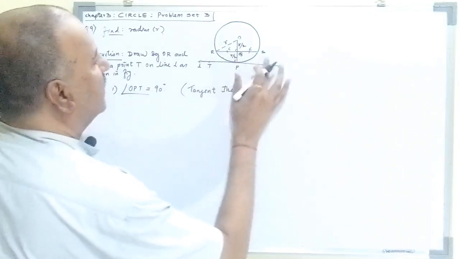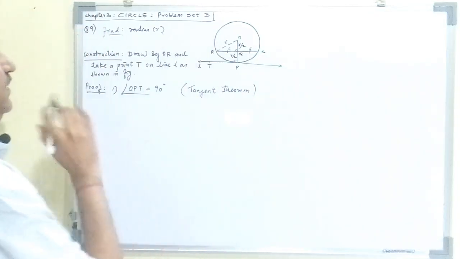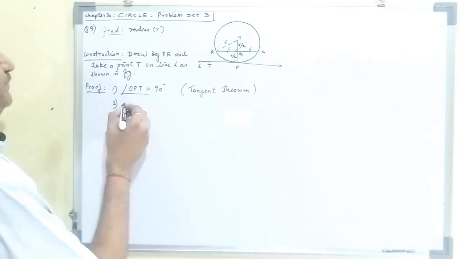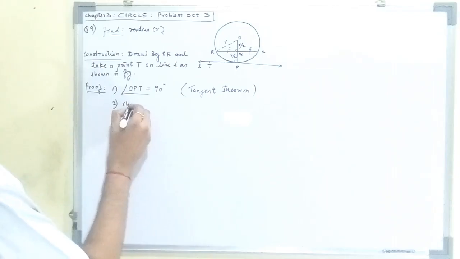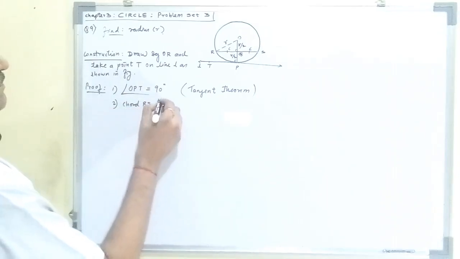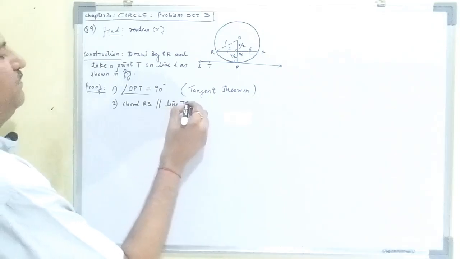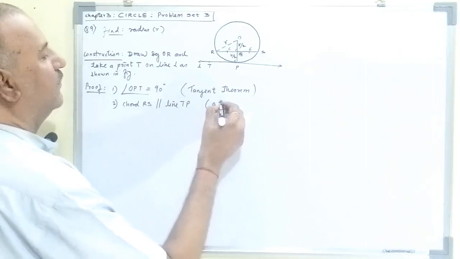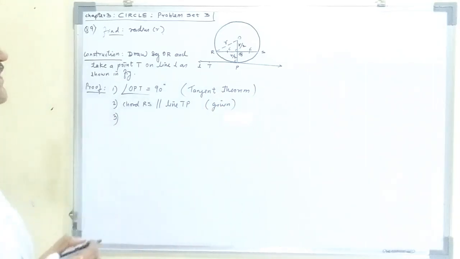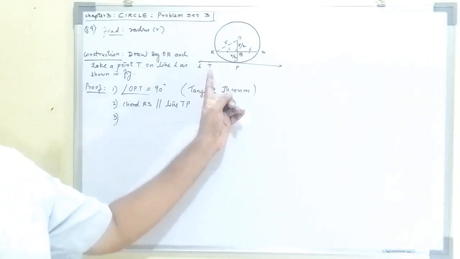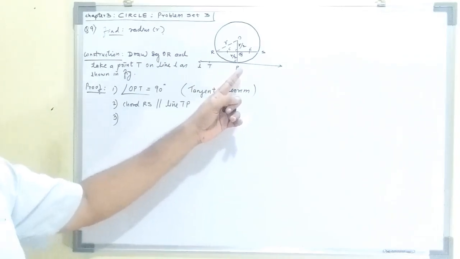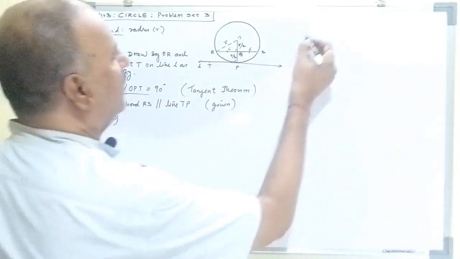Please understand that RS is parallel to line L. Chord RS parallel line TP, given. If this RS is parallel to line TP or line L, and this is a transversal, remember, naturally both angles will form angle F. देखो ये angle F form हो रहा है इसे.